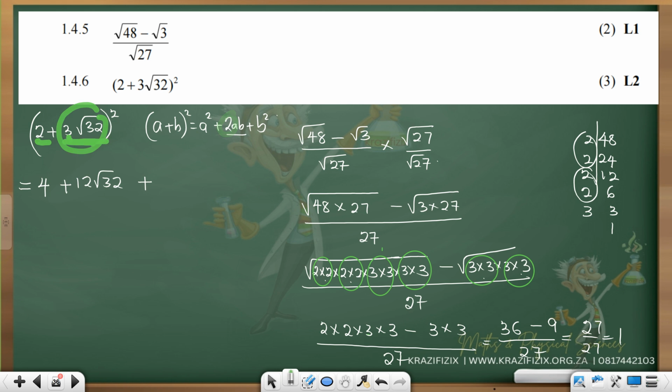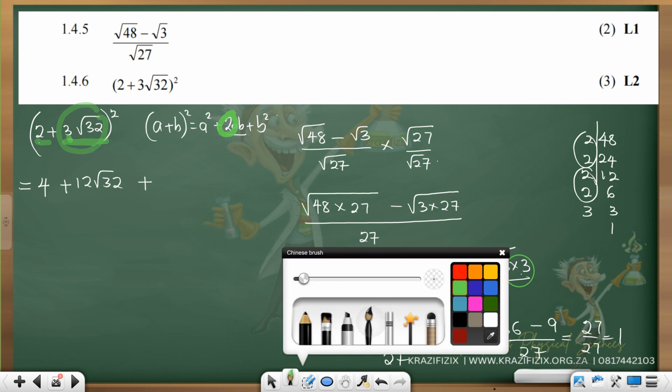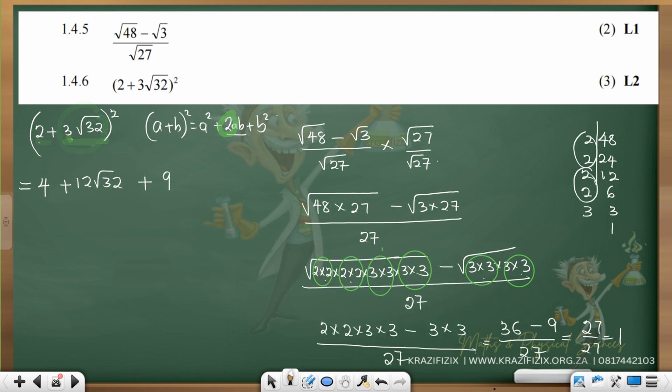Then the last one, 3 root 2 times 3 root 2 is 9 times 2, which is 18. Now 32 is a problem. I think we can break it down: 16 times 2. And what is 9 times 32? That's 288.